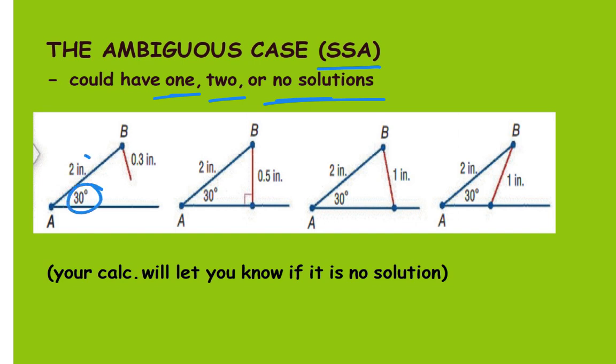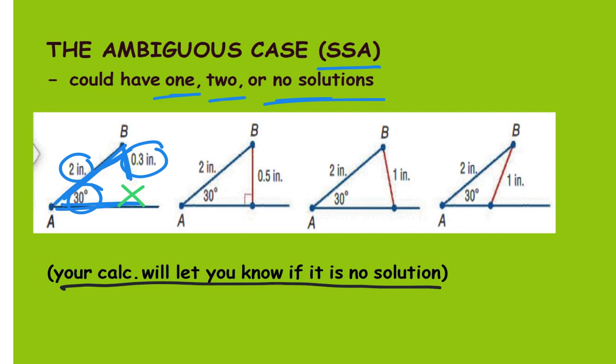So we have an angle, a side, and a side. And so this angle and this side are set. And this side right here, it could have been to where it wasn't even long enough to reach. So that would be no solution. Now, you don't have to worry about no solution because your calculator is going to let you know if there's no solution.